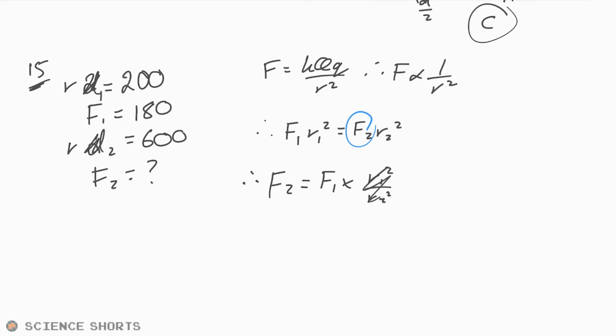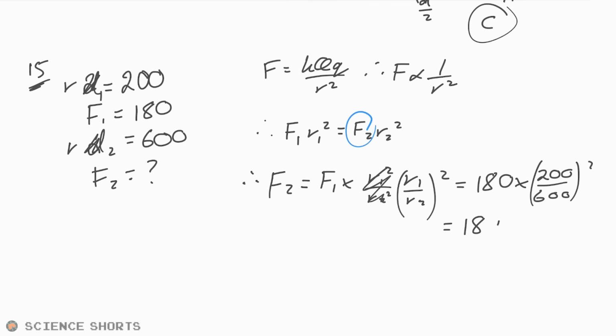But I'm just going to combine those, so R1 over R2 all squared. That's going to be 180 times R1, which is 200, divided by 600, all squared. And so that is 180 times a third squared, or in other words, 180 times a ninth. So 180 divided by 9, that should give us 20. So I think the answer is A.